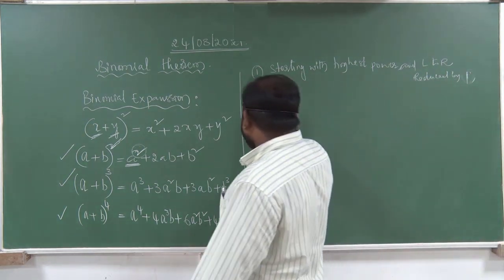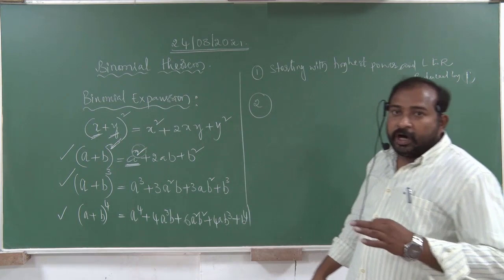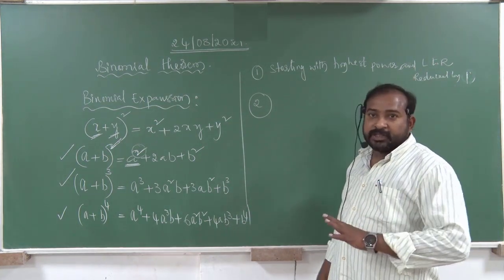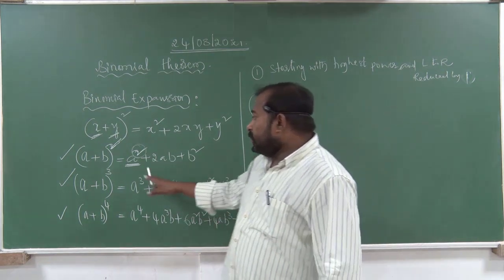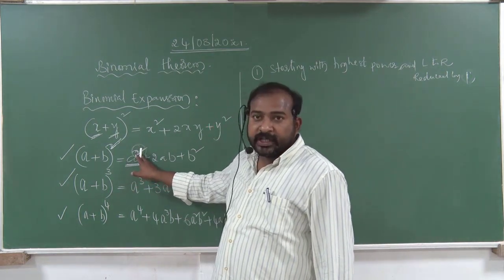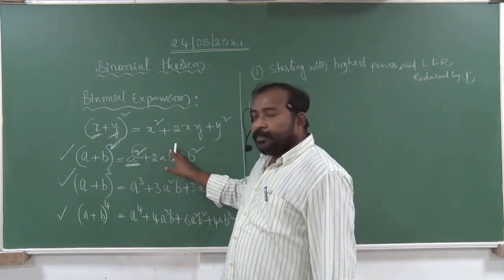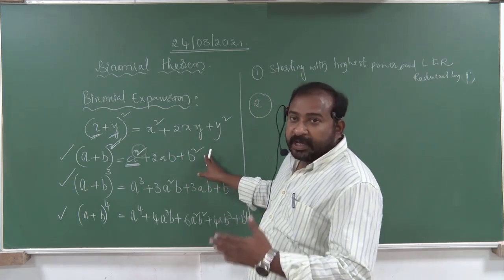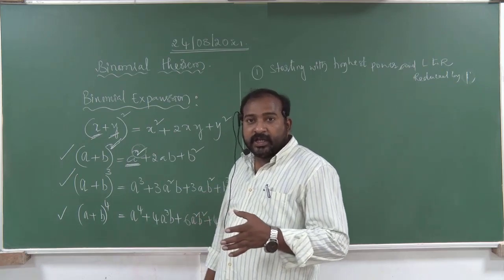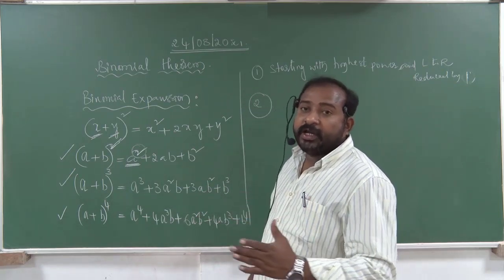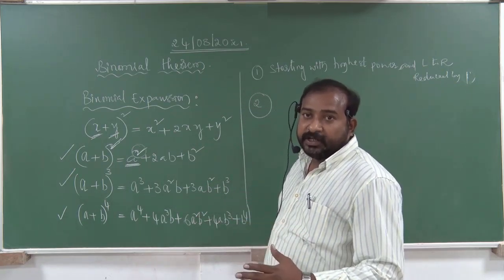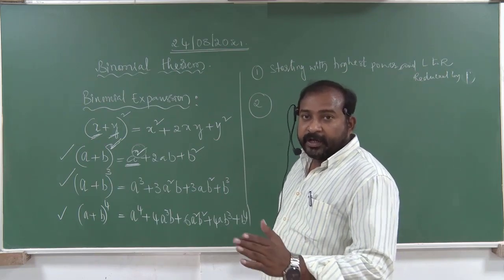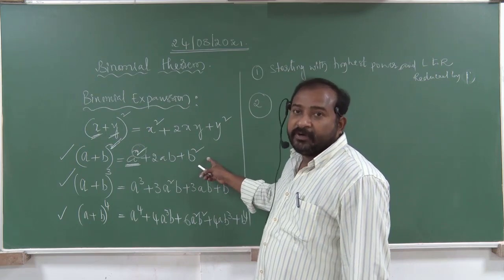Next, the second observation. If you observe the second variable b, what are the powers of b? Cross check one time. In the first term, b^0 is there. Next term, b^1 is there. Next term, b^2 is there. So that means gradually the powers of b are increasing from left to right. Starting with b^0, gradually increasing and going to the highest power.